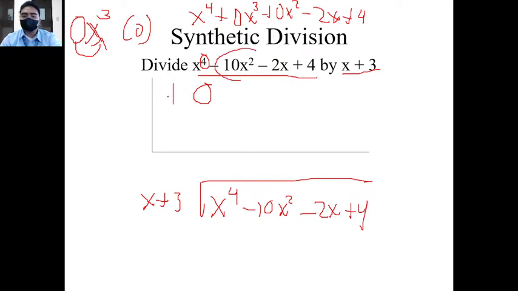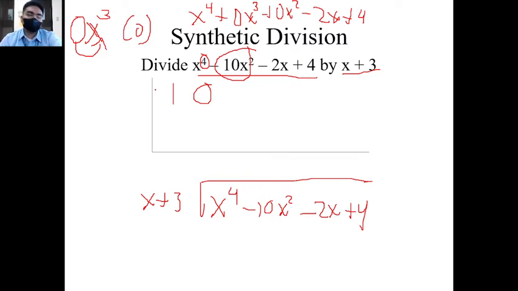Then what is your third term? Your third term will be negative 10x squared. But if you look at it from your perspective, your second term would seem to be negative 10x squared, no?